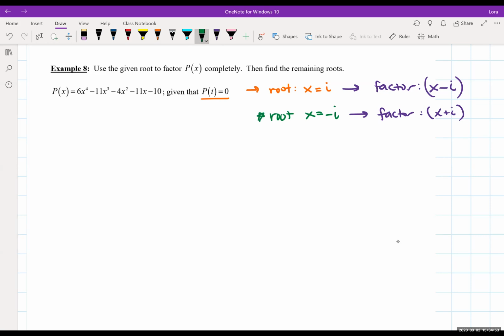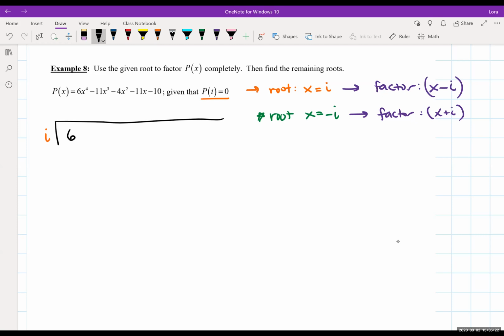But the first thing I want to play with is using synthetic division with the complex value, so k equals i. So let's go with that. And we'll still set up the synthetic division the same. Everything appears to be in descending order, and all the powers of x decrease by 1 as you move from left to right. So I'm just writing out the coefficients, separated a little bit more than usual.